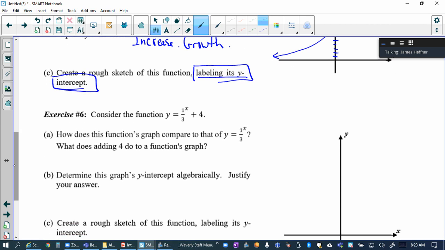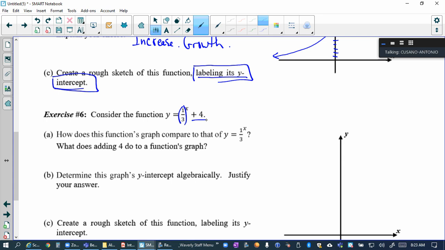Now we have y equals, and again, these should have parentheses around it, so the whole thing, 1/3 to the x. Is this one going to be growth or decay, kids? Decay. Okay. And also, we have this +4 tacked on to the end. What do you think in part A, adding that 4 will do to the graph?